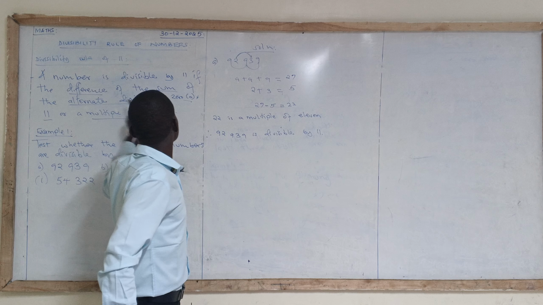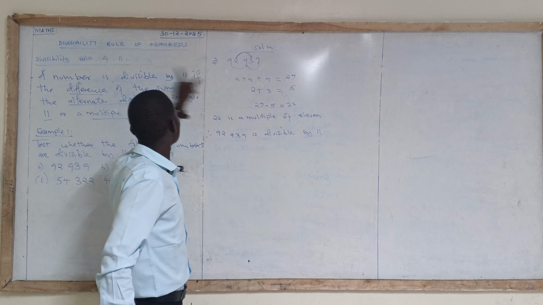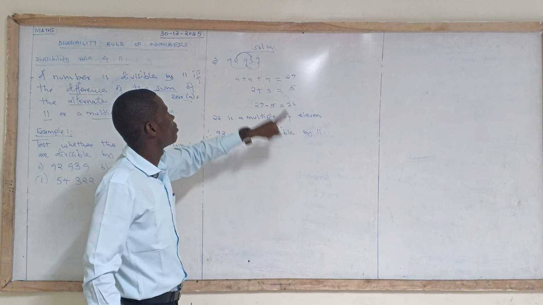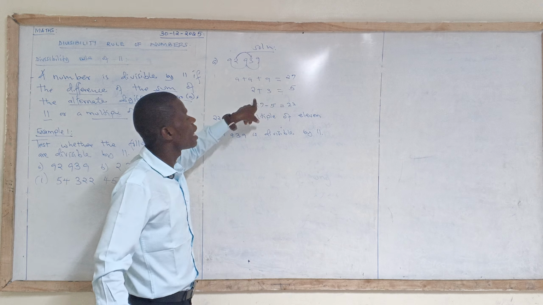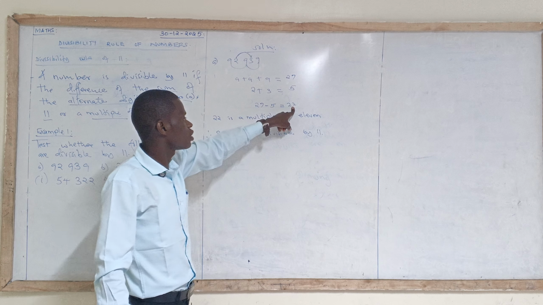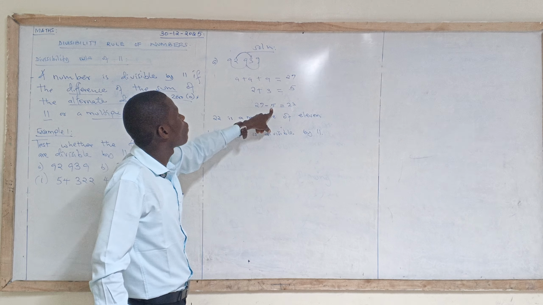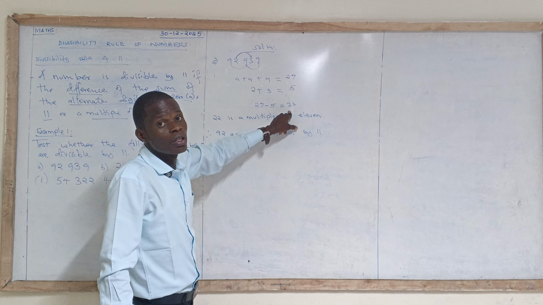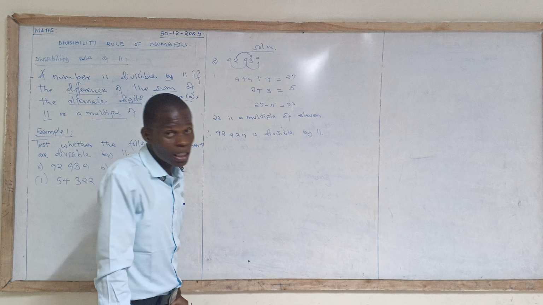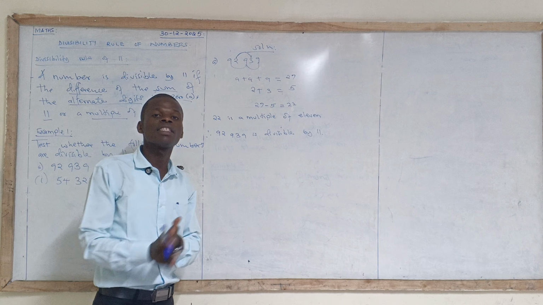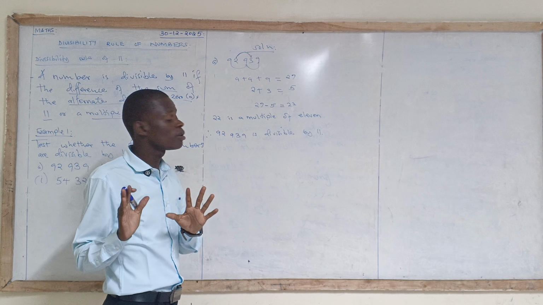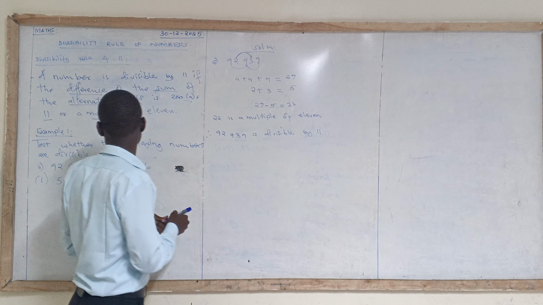Then get the difference of the sums. 27 minus 5, 22. Even if you take 5 minus 27, that is still negative 22, which is also divisible by 11. So no matter how you're getting the difference, the answer will always be correct.